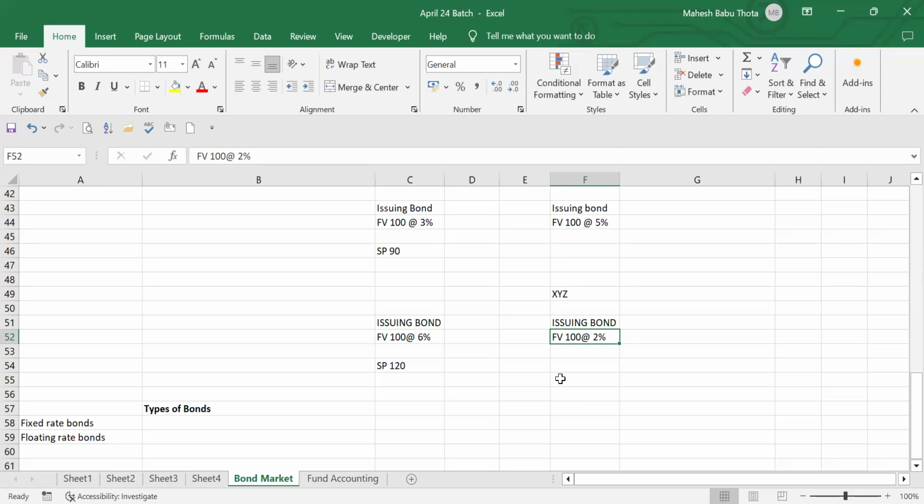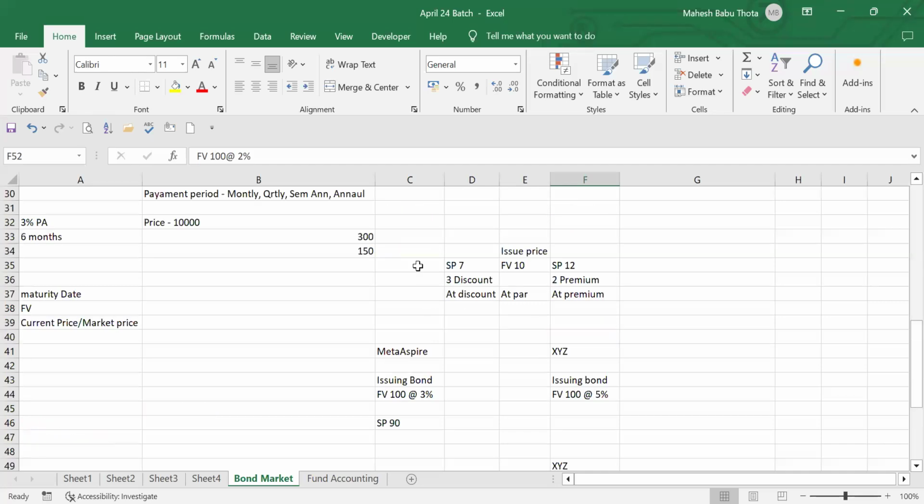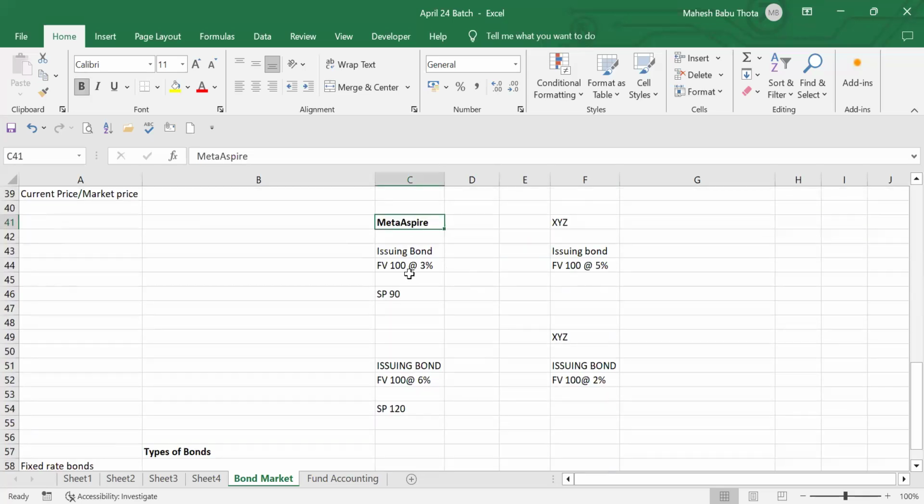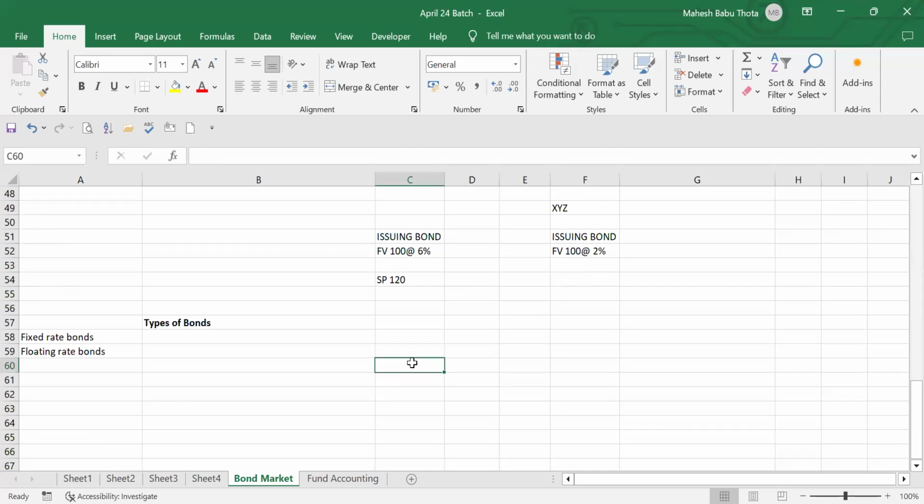So by considering all these reasons, suppose I'm holding a floating rate bond; my bond interest will also change. If interest rates in the market are increasing, there is a reference rate considered. If the reference rate increases, our bond interest rate will also increase to some extent.